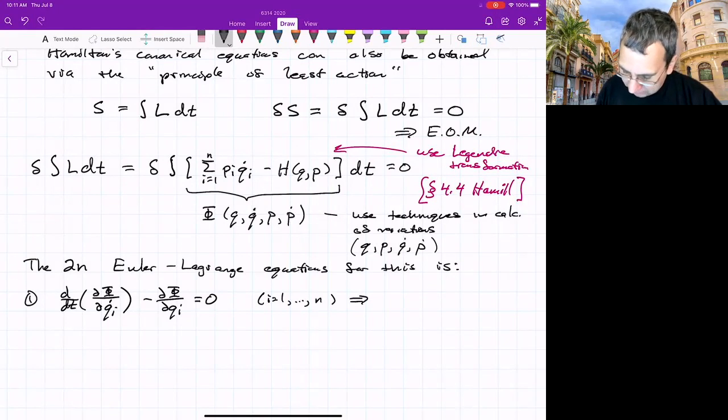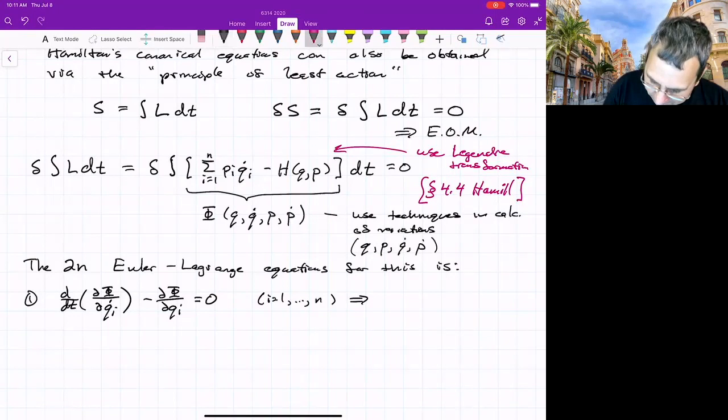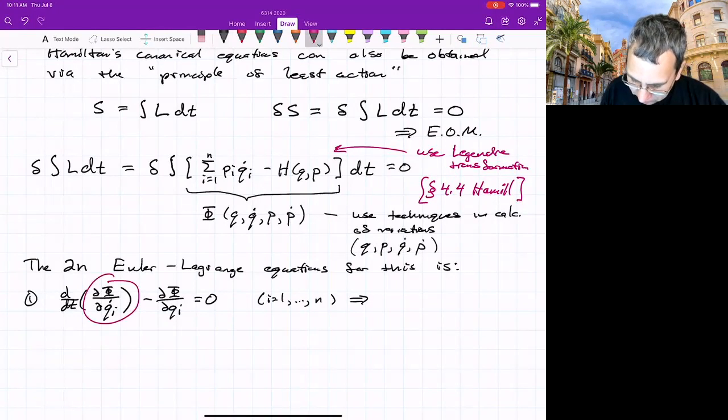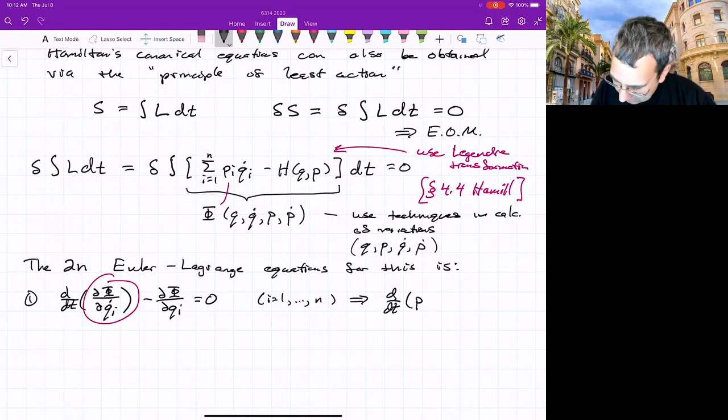Well, what's the explicit dependence of phi? There is no dependence on p dot, but that doesn't matter here. If we take the derivative of phi with respect to q dot, the only thing we pick up is a p_i for that corresponding term. So we have d/dt of p_i, since we pick out that one thing, and then minus partial phi partial q_i.